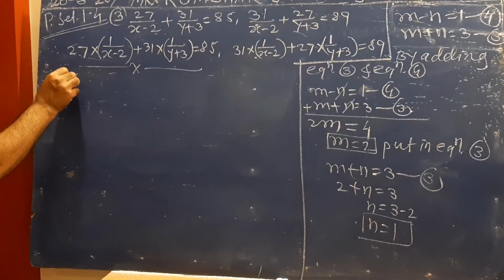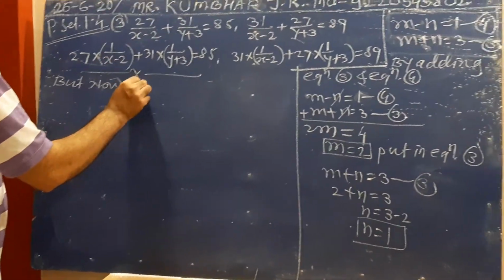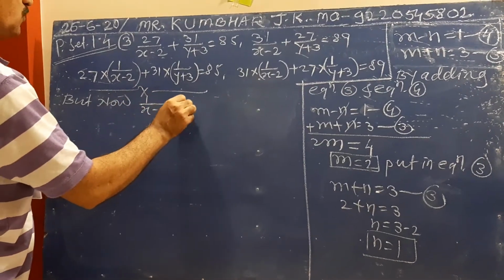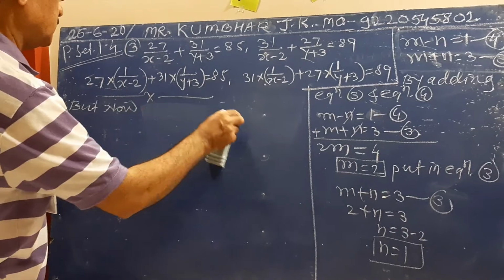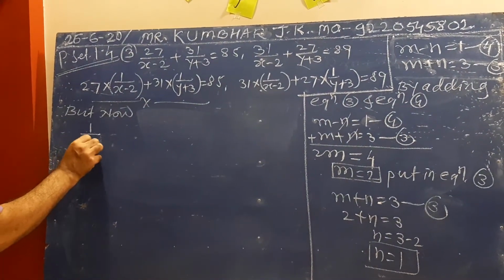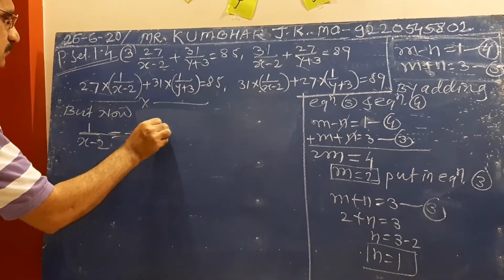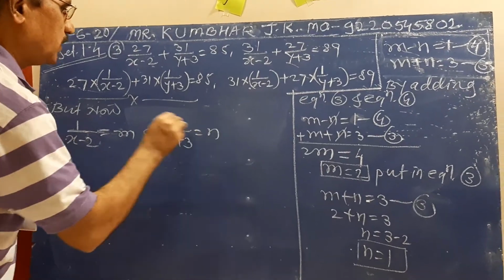But now, 1 upon x minus 2 is equal to m, and 1 upon y plus 3 is equal to n.